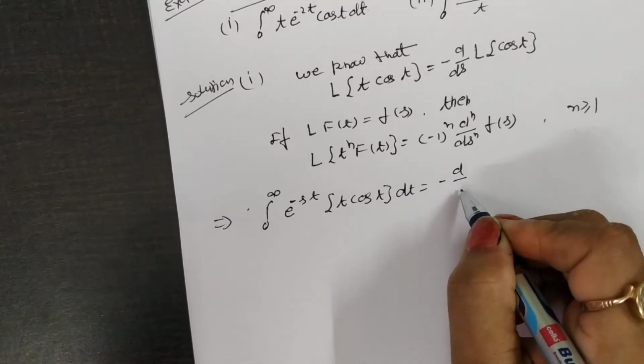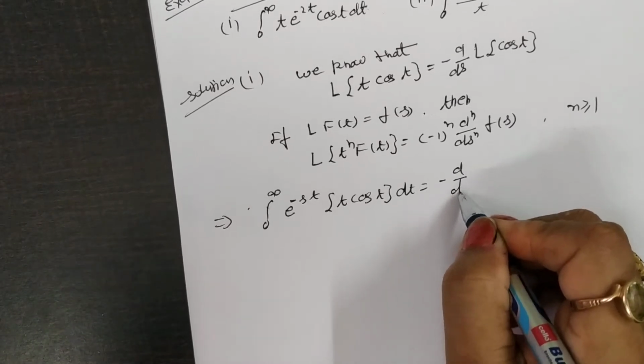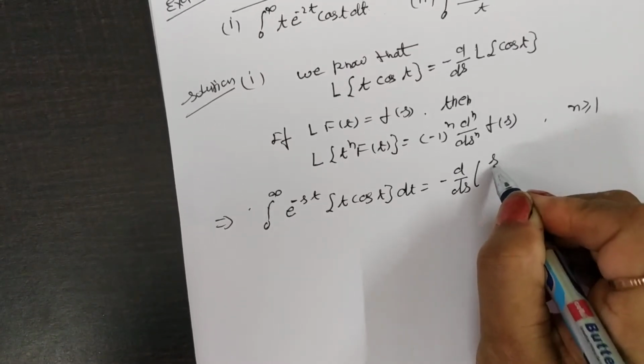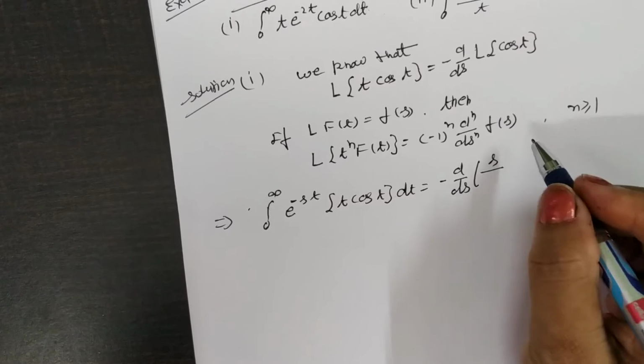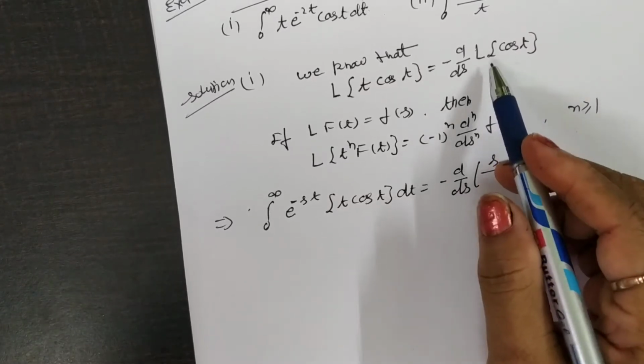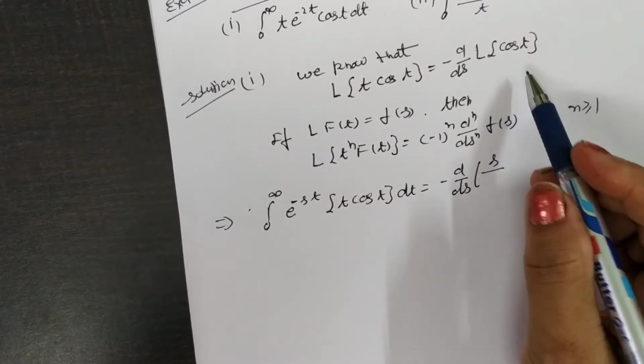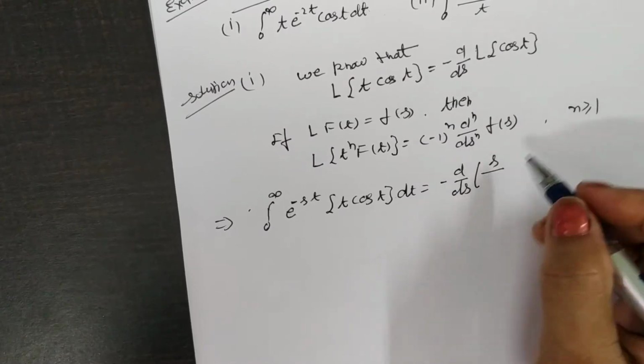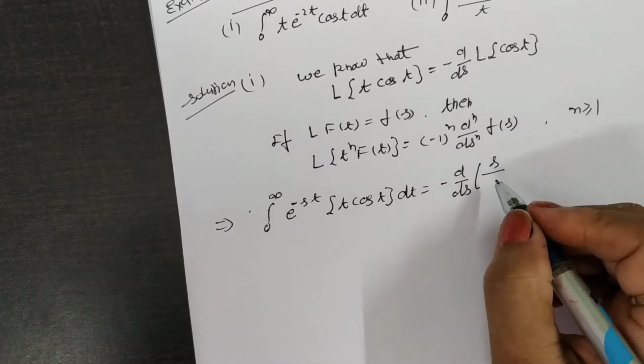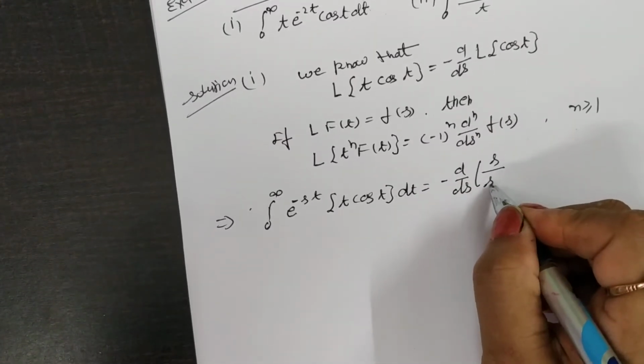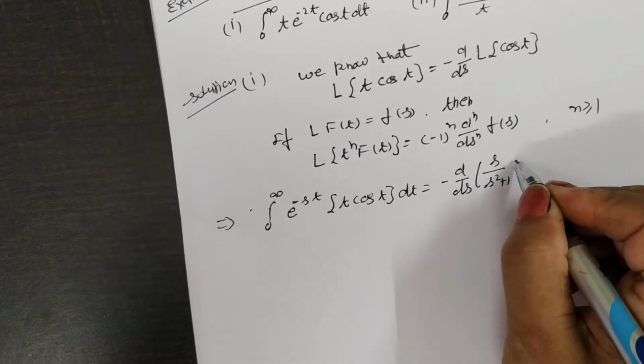d by ds of the Laplace transformation of cos t, which is equal to s by s square plus a square. Here a is 1, so this is s square plus 1.